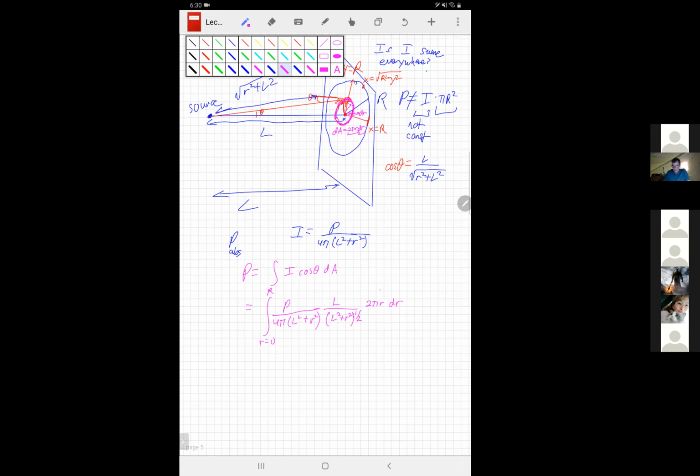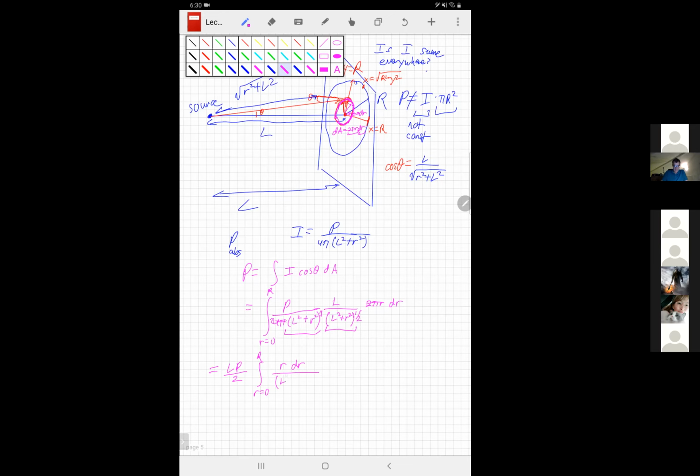All right, so first we cancel whatever we can. We pull out constants. So LP over 2, integral from little r equals 0 to big R of r dr over, this is L squared plus R squared to the power 1. This is L squared plus R squared to the power 1/2.